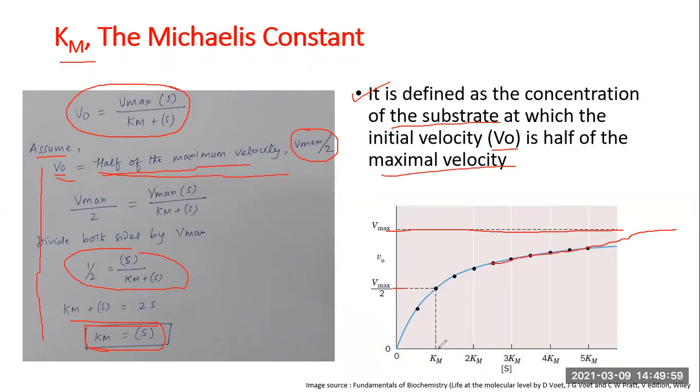So this is the substrate concentration where you have achieved half of the maximum velocity, and this value becomes Km. I'm emphasizing that you must understand what Km is, what its definition is, and how you can experimentally obtain it.